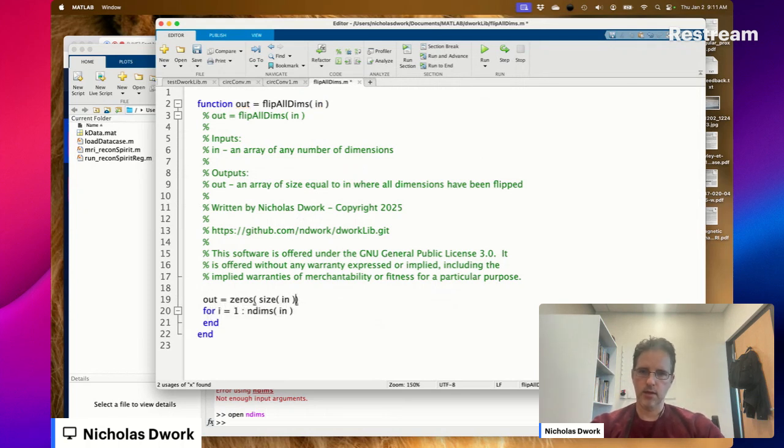Well, see, it makes a copy. MATLAB always passes by value. The most efficient thing to do would be to just output in.